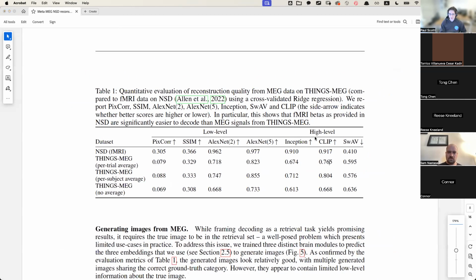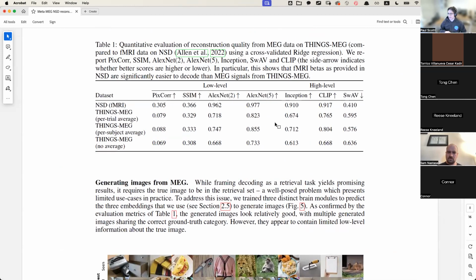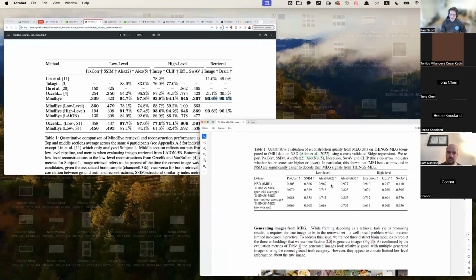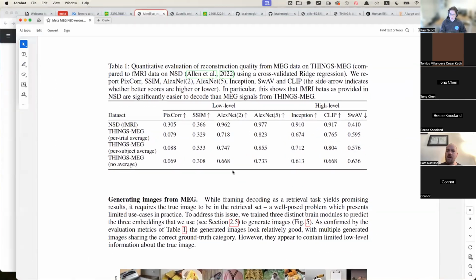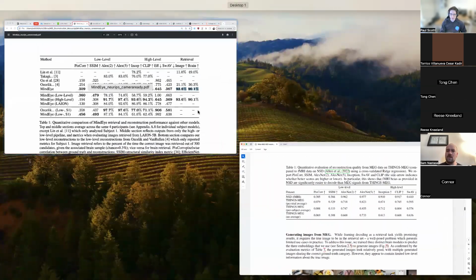And they talk about this as, the MEG data maybe intrinsically doesn't have enough signal for low level processing. I also think this could be an artifact of the modeling approach itself. If you have a different approach towards getting low level reconstructions, maybe you would get better results.